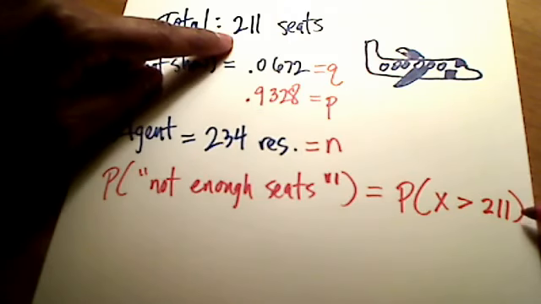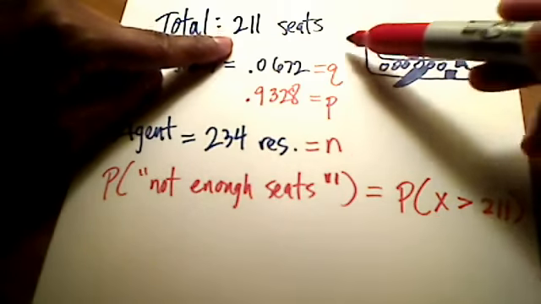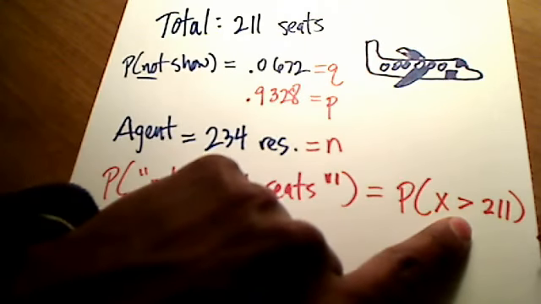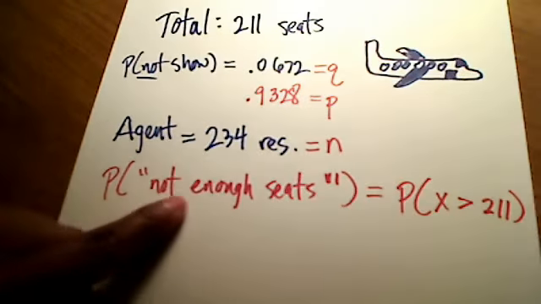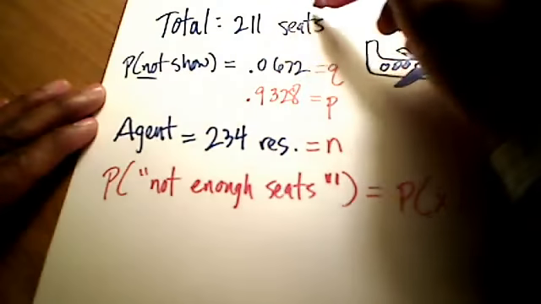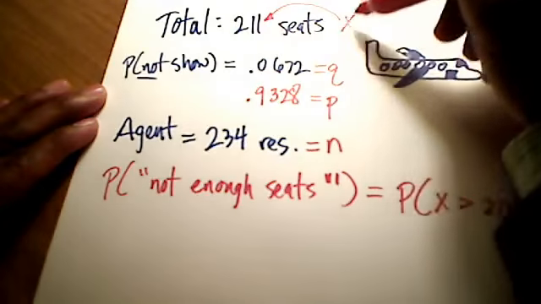In other words, if 211 people show up, we're good. We're okay. We have seats for everybody. But if more than 211 people show up, we're not okay. We're not going to have enough seats. So I'm going to put this equal to the probability of x being greater than 211. So this 211 is really just an x.